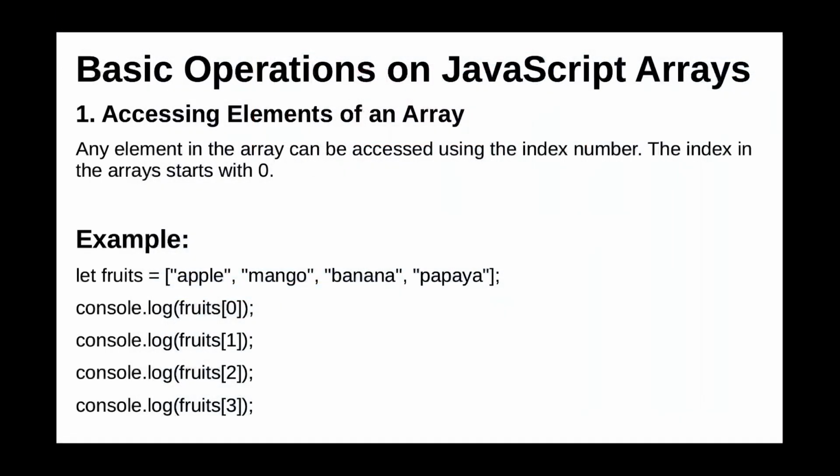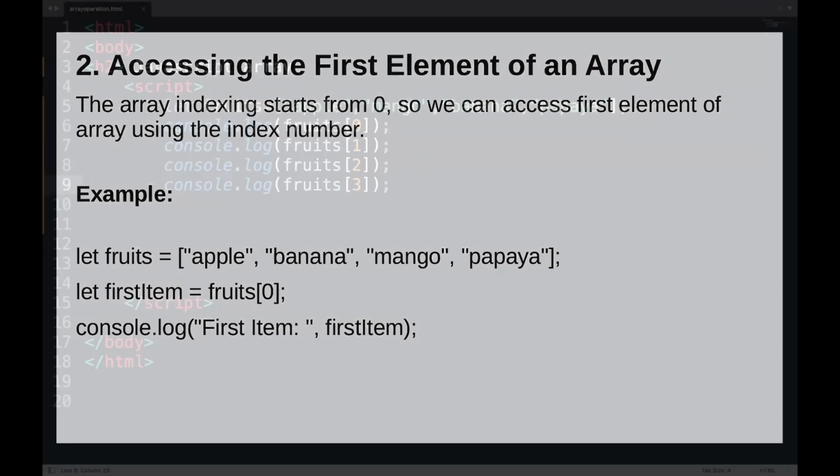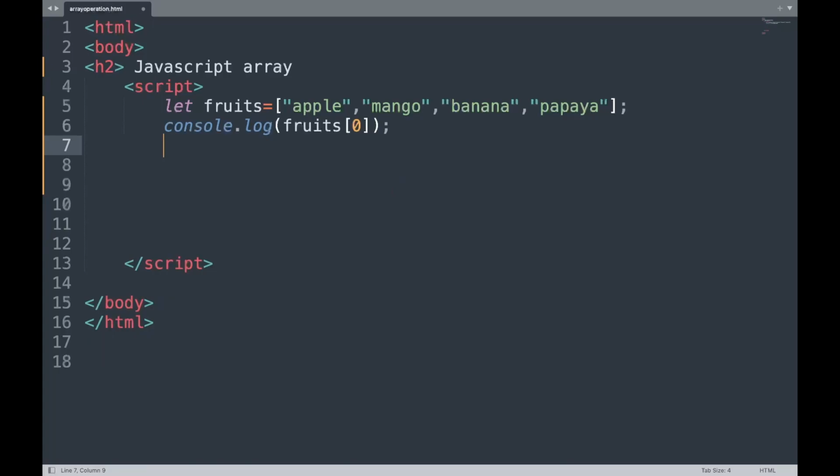And next is accessing the first element of an array. The array indexing starts from 0, so we can access the first element of the array using the index number, as in this example. Open the Sublime text editor and change the code using these lines.